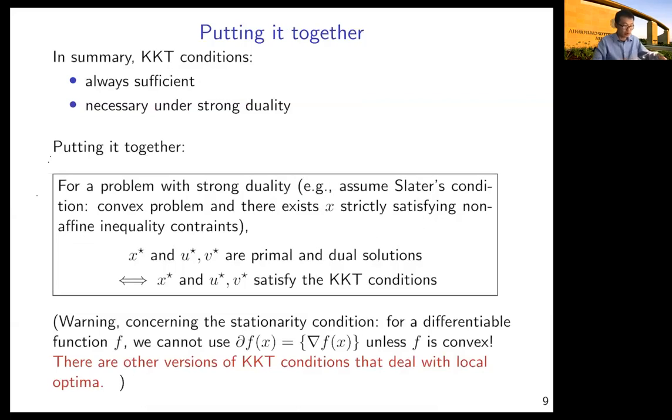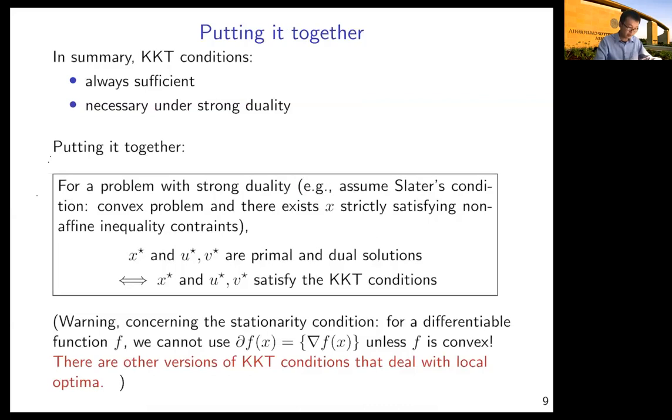To put it together, we can get a statement that looks like this. Given that for the family of convex optimization problems strong duality is relatively easy to check, for the subset of problems covered under KKT conditions that are convex, we can more or less say that the KKT condition is a sufficient and necessary condition to characterize the set of all optimal solutions.